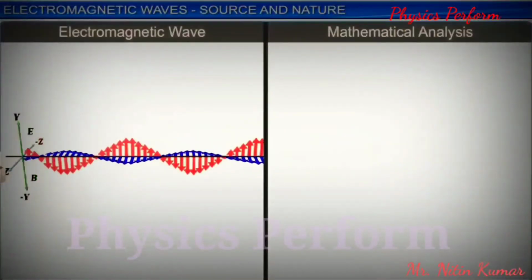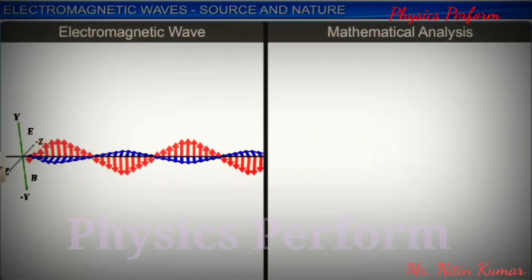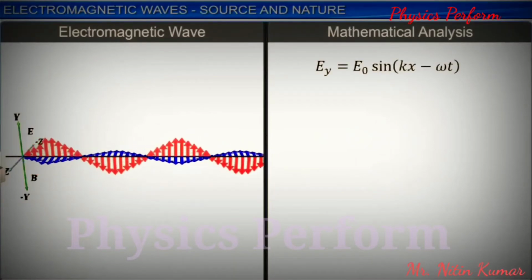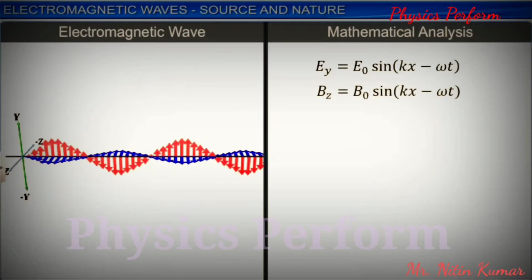The electric field and the magnetic field can be written as E_y is equal to E naught sin(kx minus omega t) and B_z is equal to B naught sin(kx minus omega t) respectively. Let these be equations 1 and 2 respectively. Here, E naught is the maximum value or amplitude of the electric field.